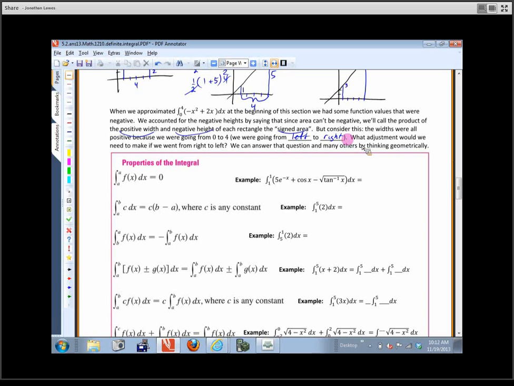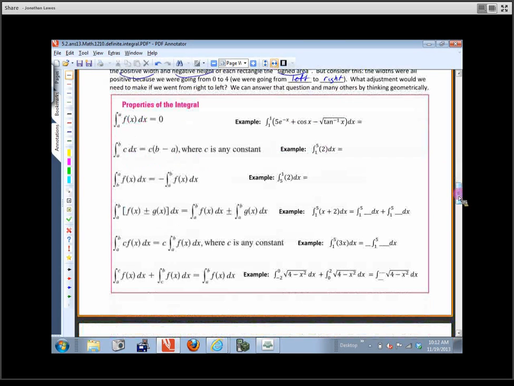So that little thought process there brings us to these properties of integrals, and these are all very useful, so they're pretty important. So let's take a look at this. The first one is what we call a zero-width interval, and we love these. If you're integrating from a to a, it doesn't matter how ugly the function is. If you start adding up at 7 and you stop at 7, you're not going anywhere.